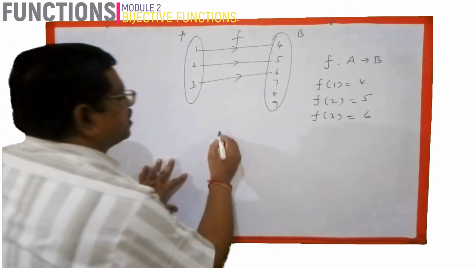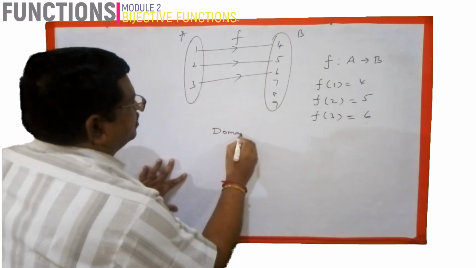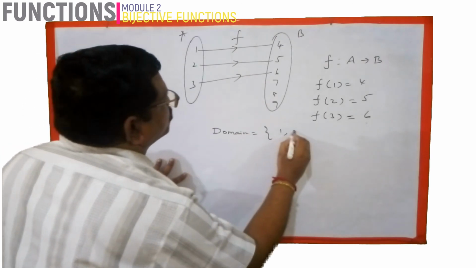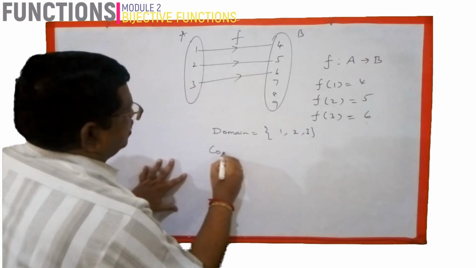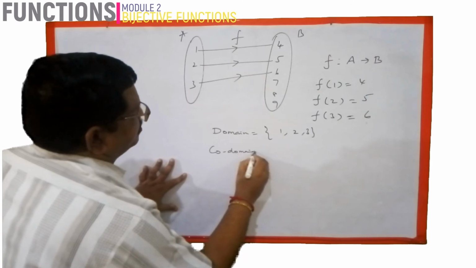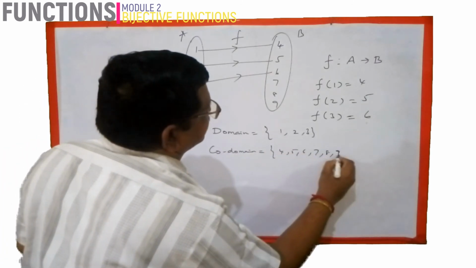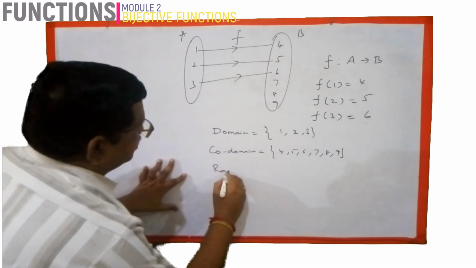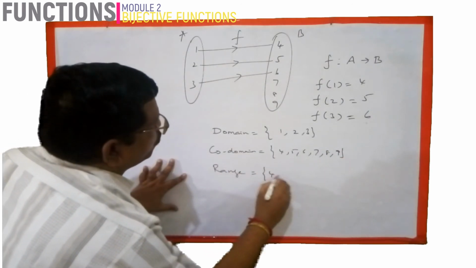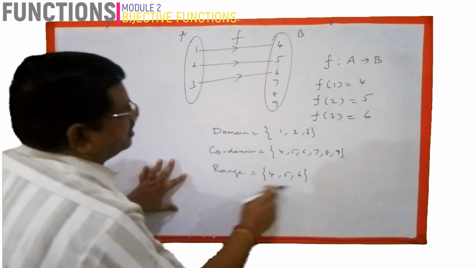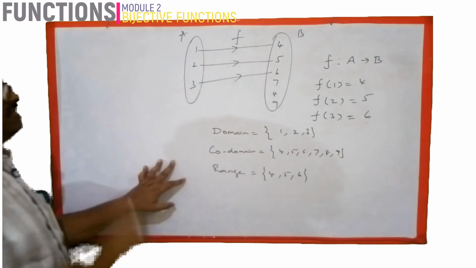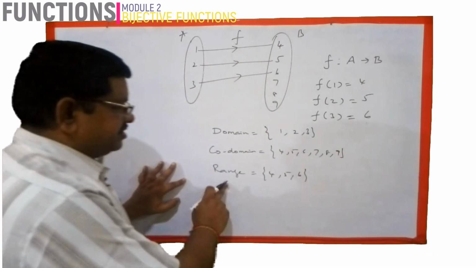Again you have to check what are the elements present in the domain. Here the elements present in the domain are 1, 2, 3. The elements present in the codomain are 4, 5, 6, 7, 8, 9, and the elements 4, 5, 6 only have the pre-images in set A. So that is the range.